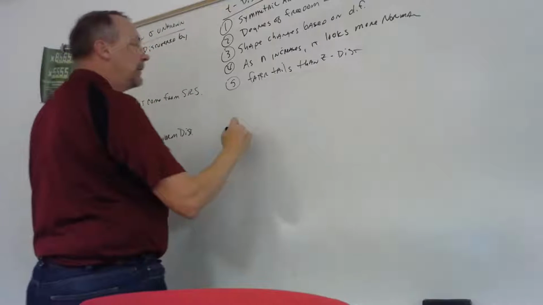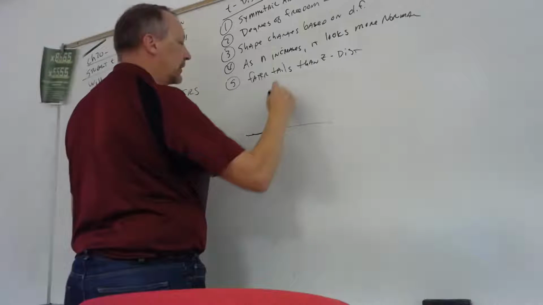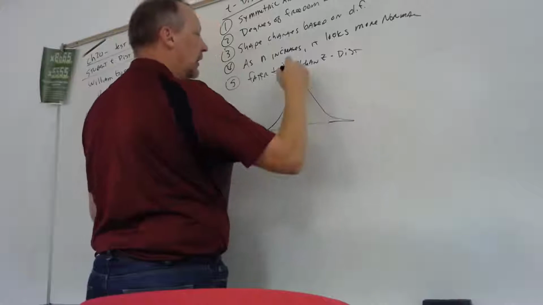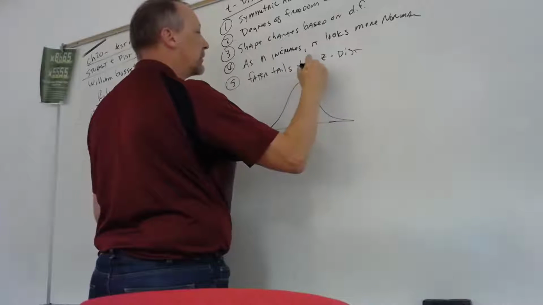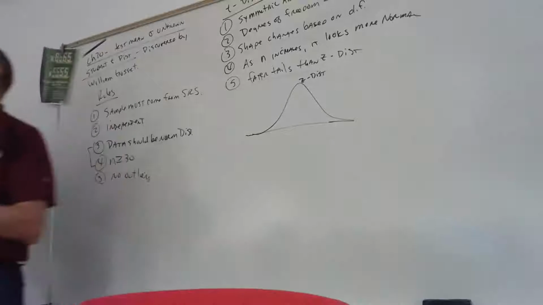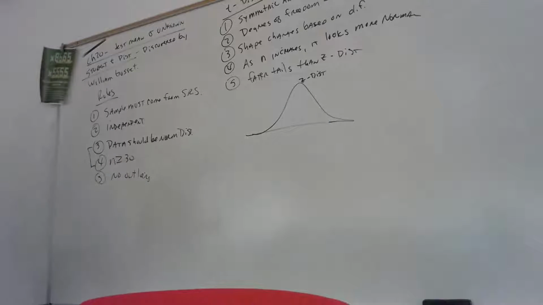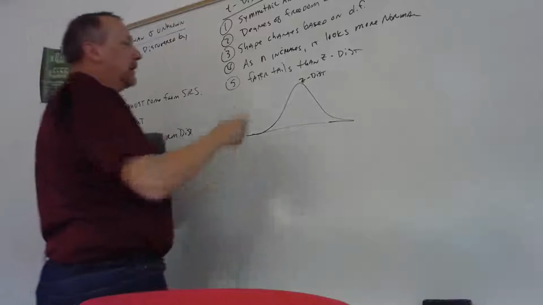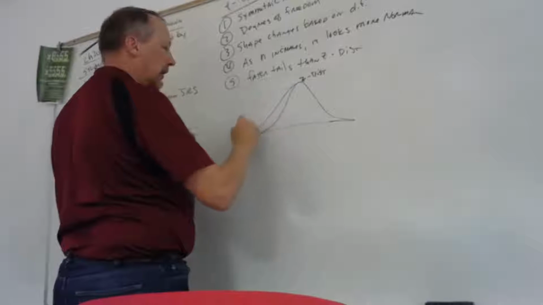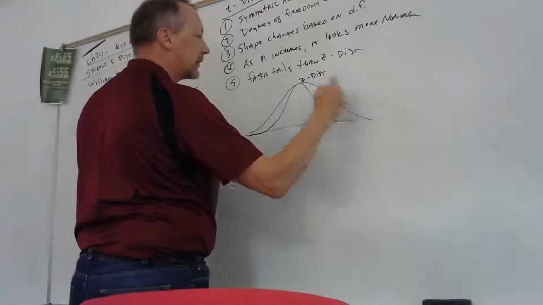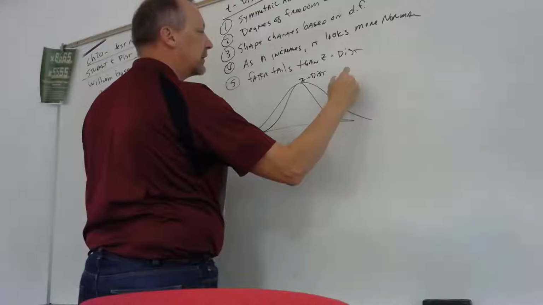So what I mean by that is, let's pretend that this is your normal distribution. This is your Z distribution. Normal distribution we refer to as our Z distribution. So if we were to draw a T distribution, it would look like this. The blue is the T distribution.